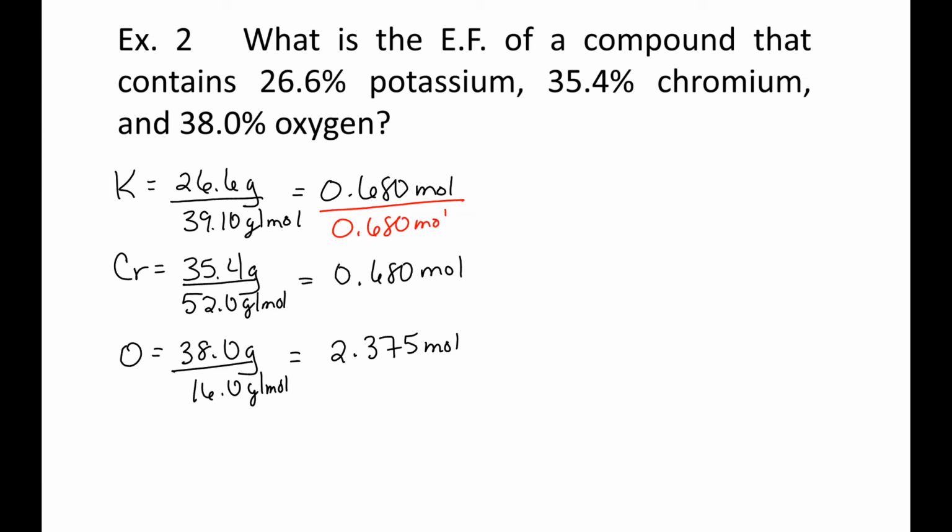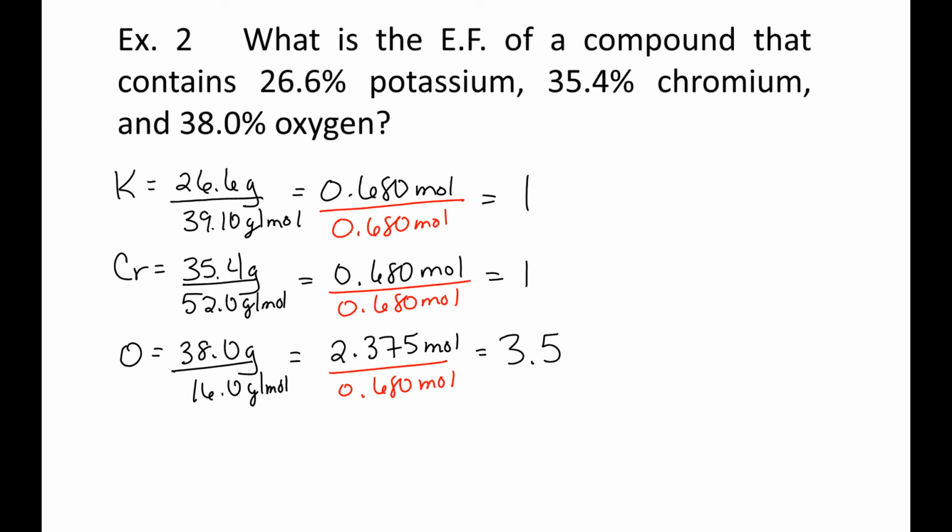Now here, the smallest number of moles is 0.680, so we're going to divide all 3 of them by 0.680 moles. When we do that, this becomes 1 and this is 1. Unfortunately, the oxygen comes out to be 3.5.